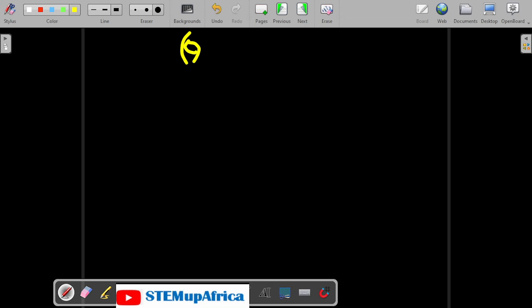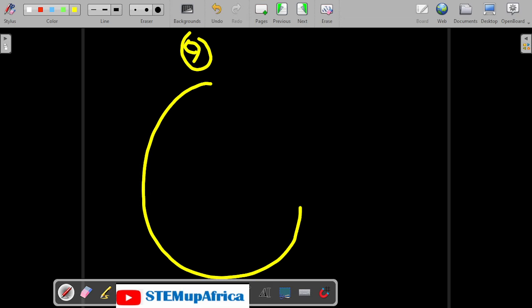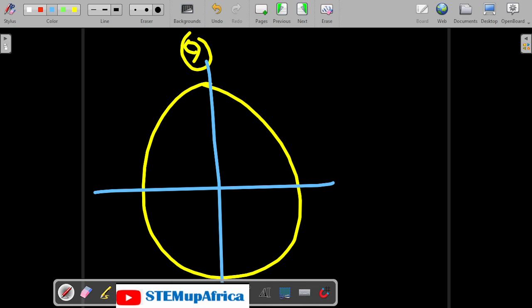We have 4 cardinal points. Here is our north, here is our south, east, and west.